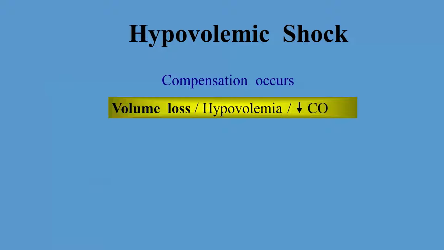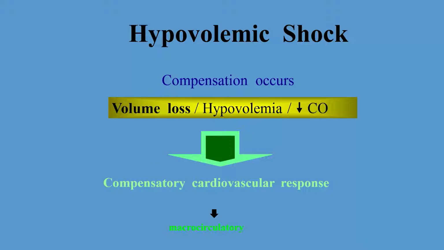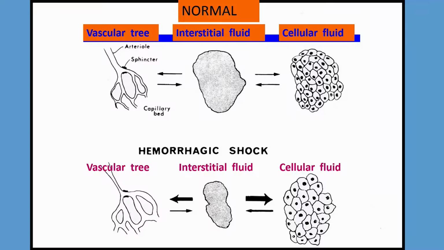So we'll talk about hypovolemic shock first, and it's pretty straightforward. It's a volume loss. Typically, we think about it in response to blood loss, but it could also be ongoing fluid losses for other reasons. And so that volume loss leads to hypovolemia and decreased cardiac output with some initial compensation. And the cardiovascular response happens both on the macrocirculatory and microcirculatory level.